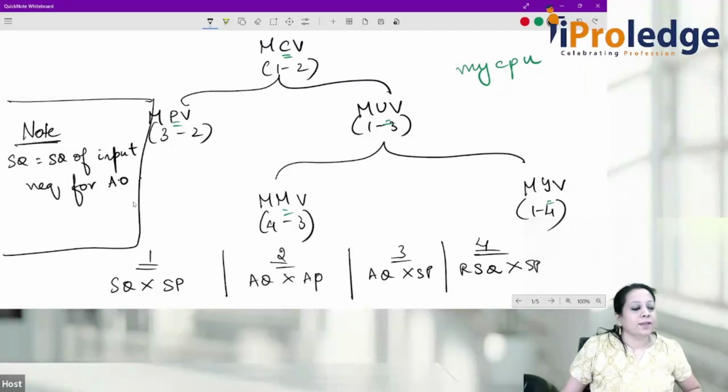Shall we proceed, students? So, what is the meaning of standard quantity of input required for actual output?